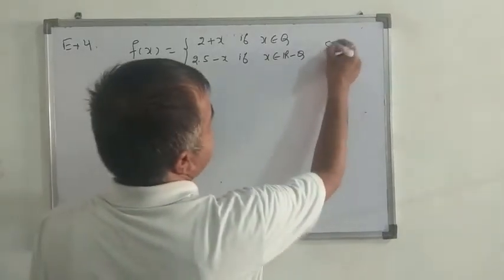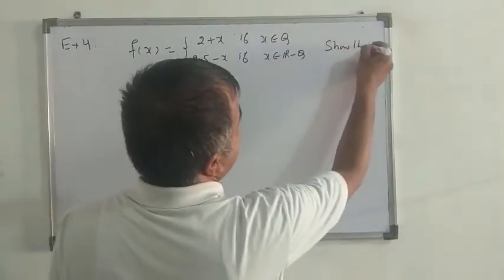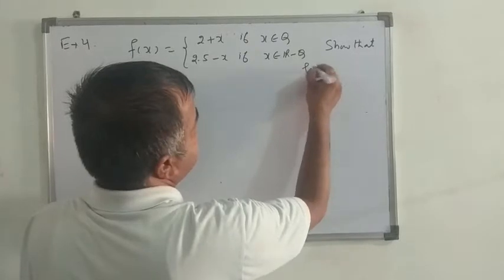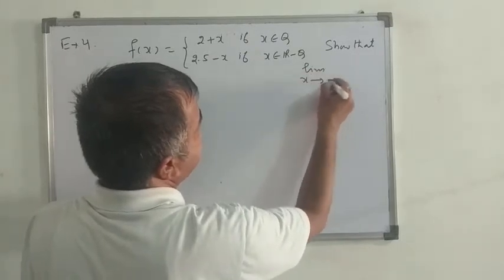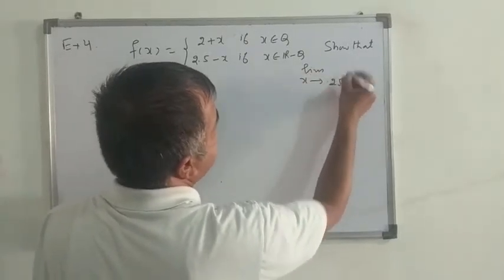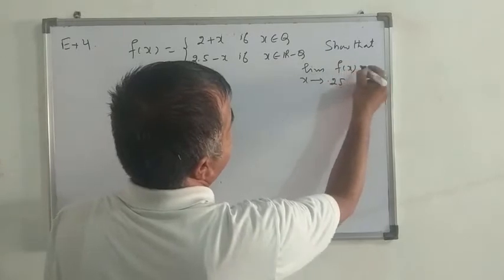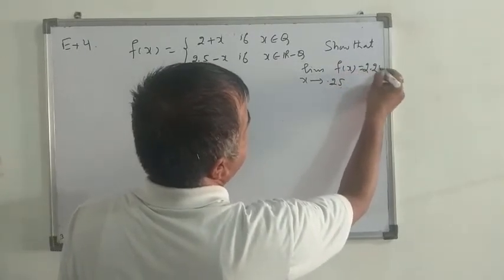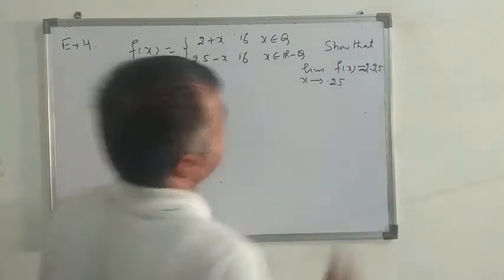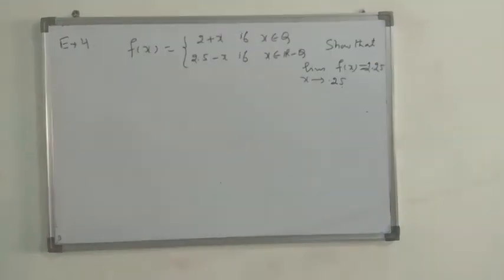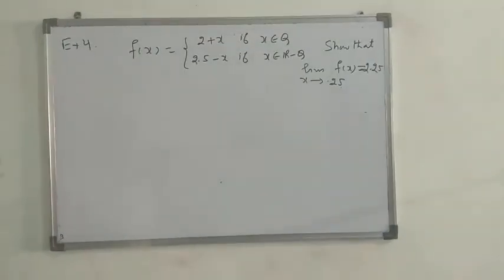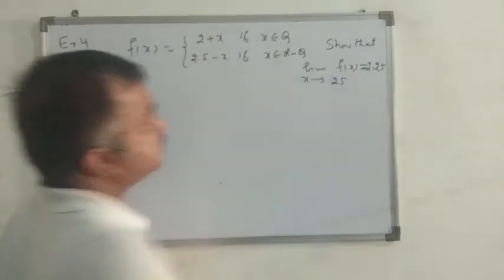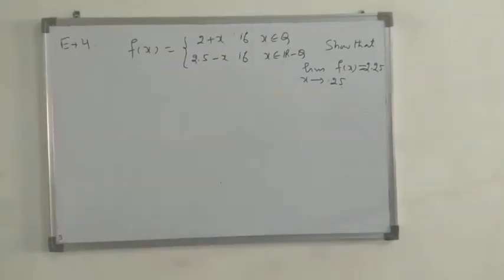Show that the limit as x tends to 0.25 of f(x) is 2.25. To prove, solution.